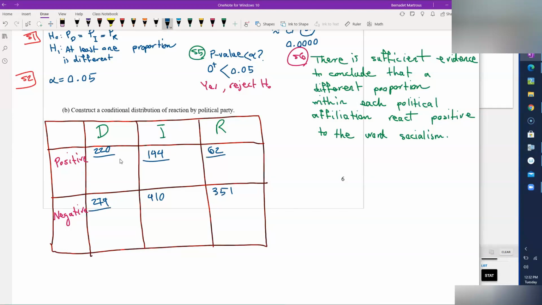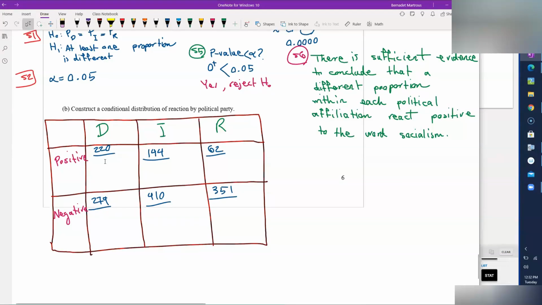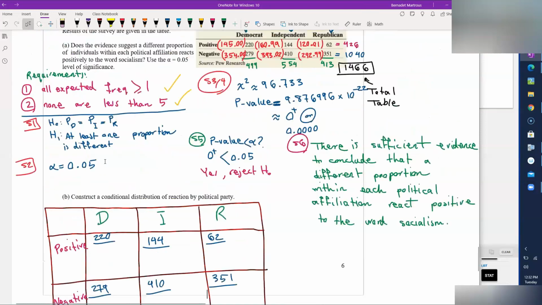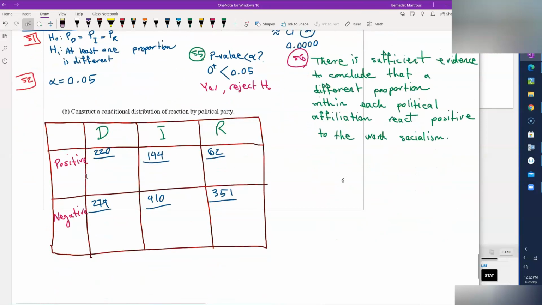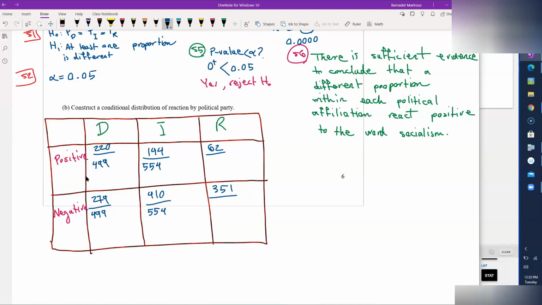Since we're trying to find relative frequency, we have to divide by the sum for each column. Total for Democrat was 499, so I divide by that one. I'm dividing by the total for each one of these groups.